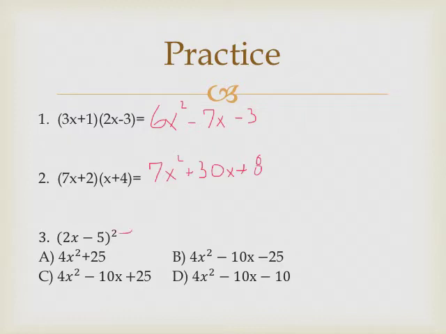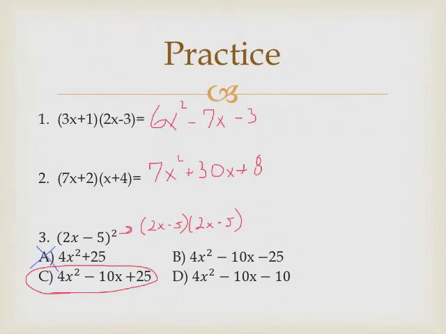And down here you should have hopefully rewritten 2x minus 5 squared as 2x minus 5 times 2x minus 5, and then successfully gotten your way to C. Okay? Most common answer that I would like to try to make sure we are avoiding. I'm sure if you got B or D, you made a tiny mistake somewhere, so just double check that. But the answer we really don't want is A.